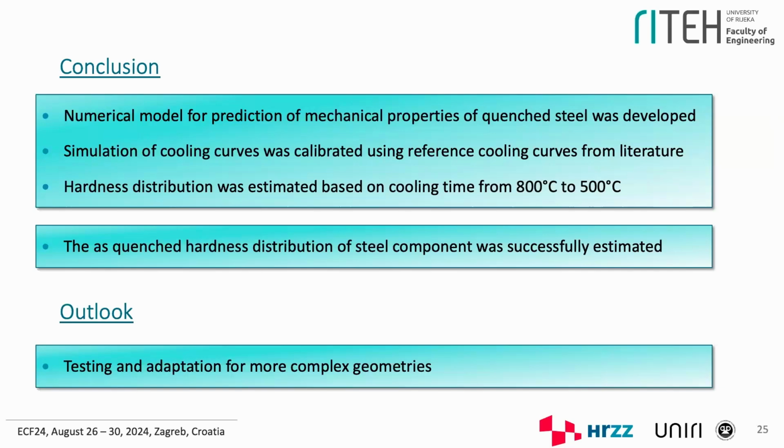Then we estimated hardness based on cooling time from 800 to 500 degrees in geometry diagrams. We are satisfied with the results, and some outlook for future work would be to adjust the code to be able to simulate even more complex geometries or a bigger variety of materials.